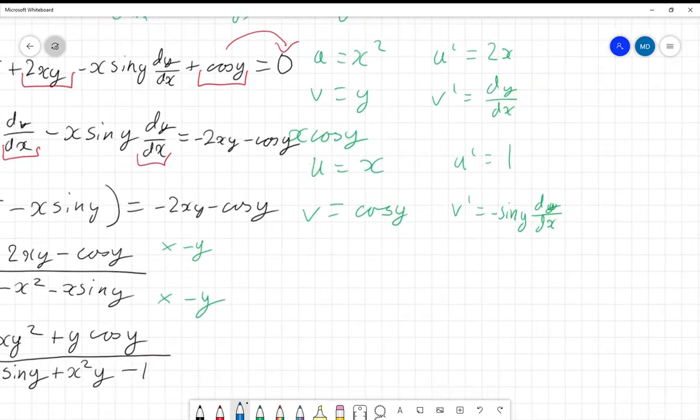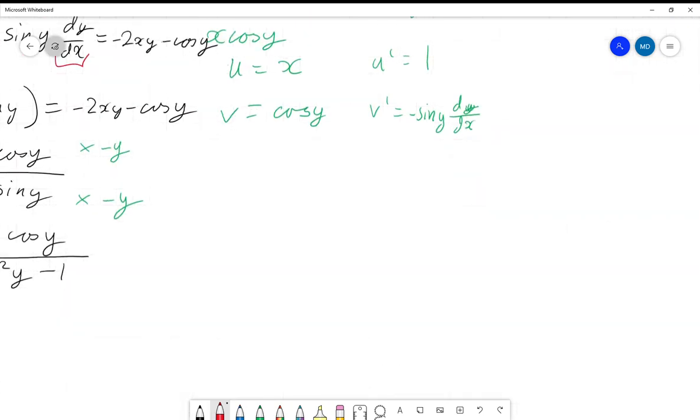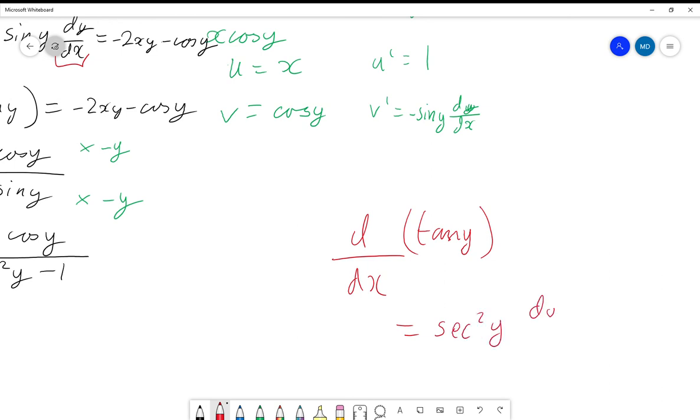And if you want to differentiate, let's say, tan y with respect to x, well, that's just going to become the derivative of tan, sec squared y, multiplied by dy by dx. That is the key rule of implicit differentiation there.